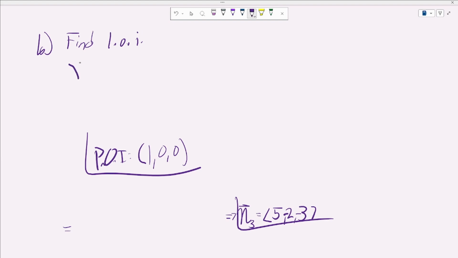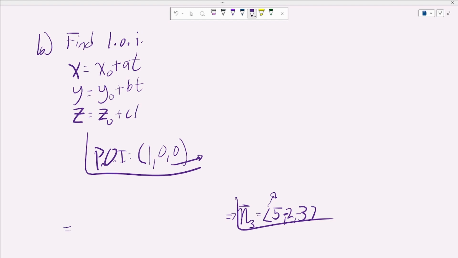So the only key parts that we need to make our equation of our line is going to be our point on a line and then the normal vector. So to make the equation of our line, we just follow this expression. We have x is equal to x naught plus at, y is equal to y naught plus bt, and then z is equal to z naught plus c times t.